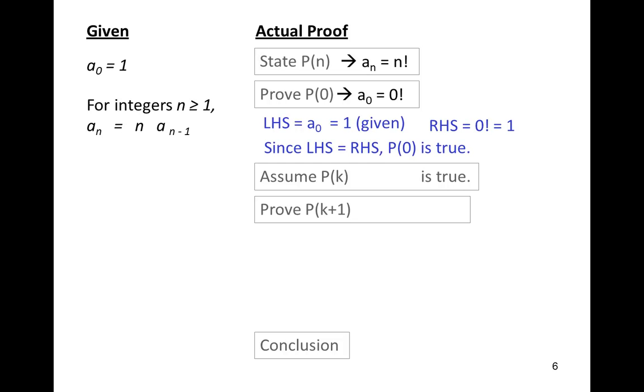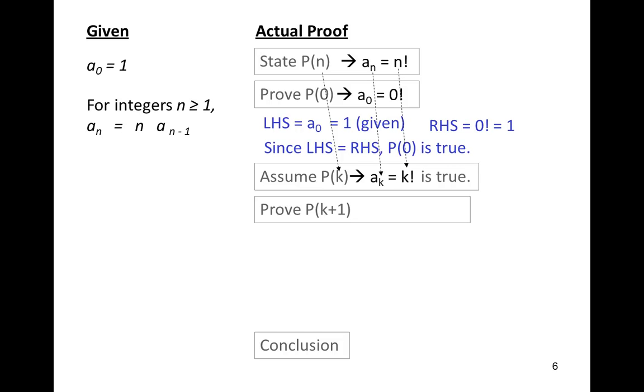Next, we are going to assume that the property is true for n equal to k. Replace all the n's with k's, and we get p of k to be a sub k equal to k factorial. And we assume that to be true.